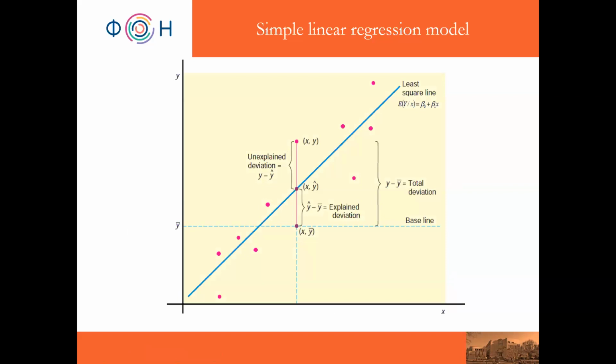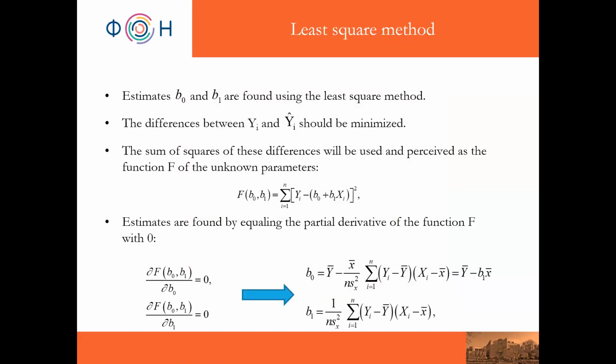So what is basically the idea of the least squares method? The idea of the least squares method is to minimize the difference between what we have measured on our sample, which is y_i, and what we have estimated with our model.